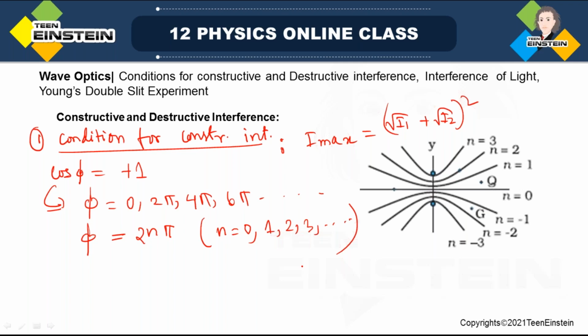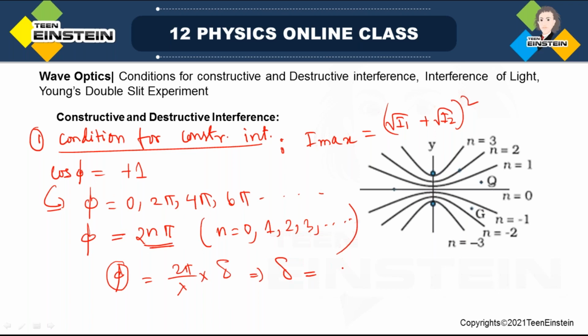Okay, so if we go with path difference, let us see how we can go. You know the phase difference phi is equal to 2 pi by lambda into delta, where delta is the path difference. So if your phase difference is 2n pi, then what has to be the path difference between the two waves?